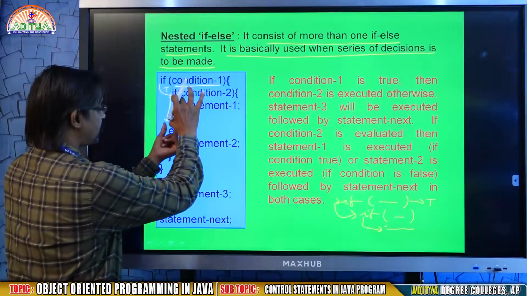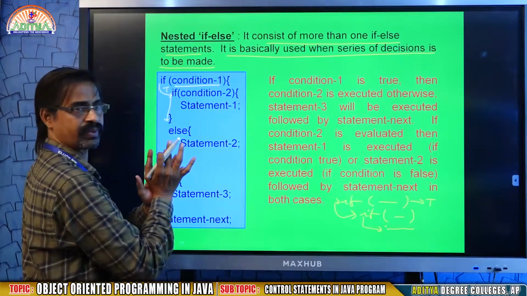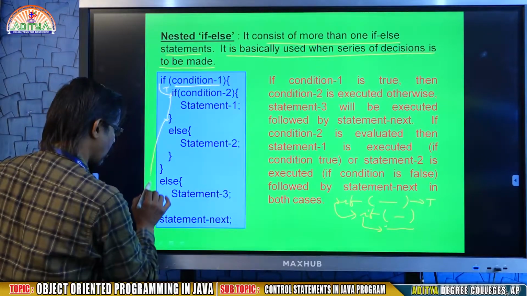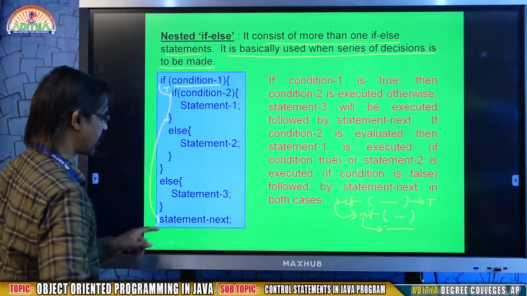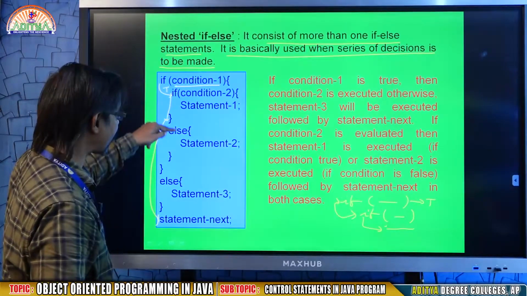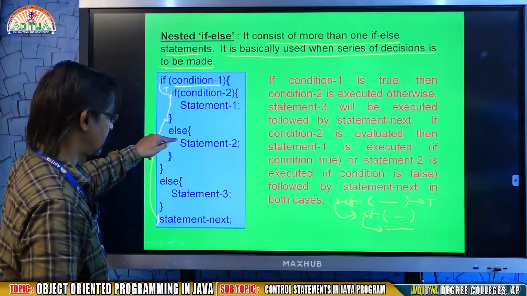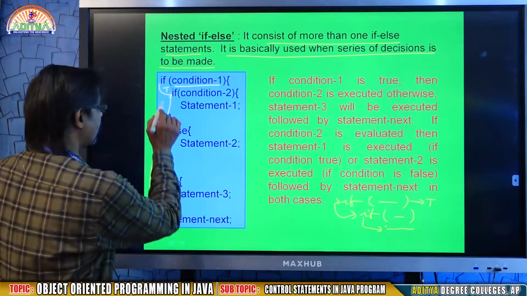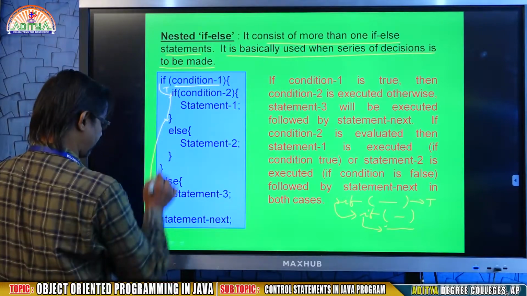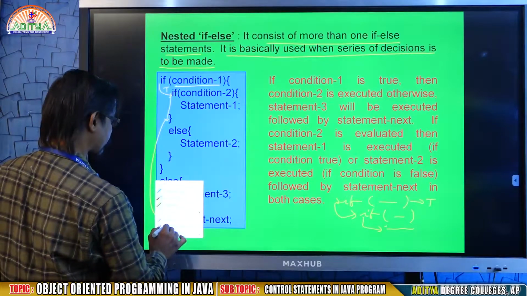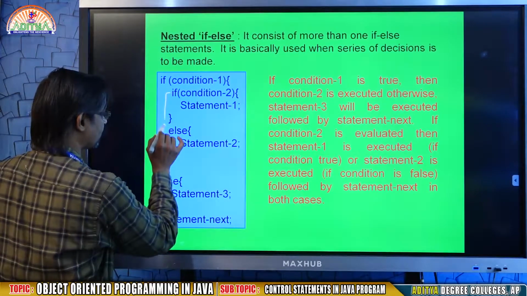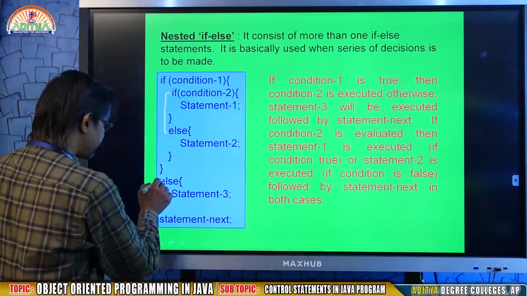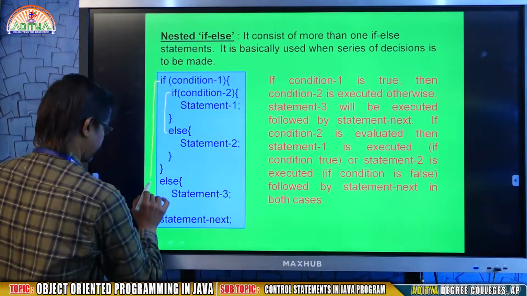Once the condition 2 is executed, immediately it will go out to the statement after the nested if, because it never enters into the last else, because this else belongs to this if.